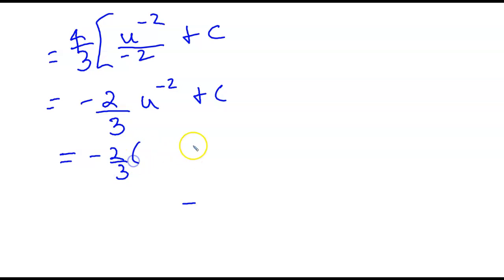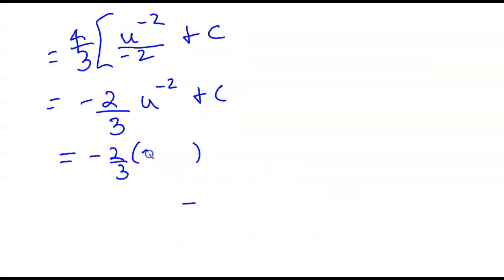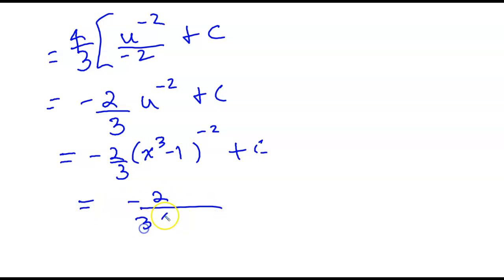And now I can plug back in my u substitution, and that was x cubed minus 1 to the minus 2 plus a constant. Depending on whether it's multiple choice or free response, you could stop there, but in multiple choice, they might move the x cubed minus 1 down to the bottom and make that square positive.